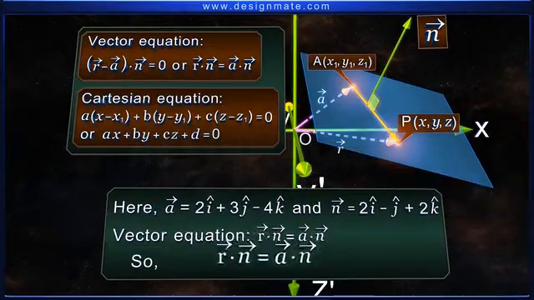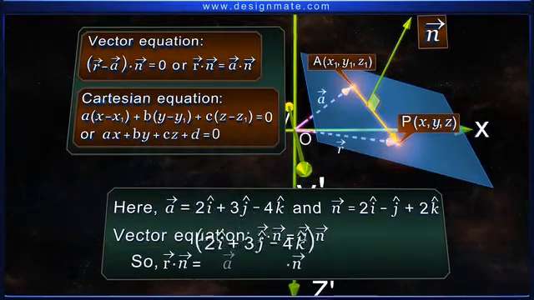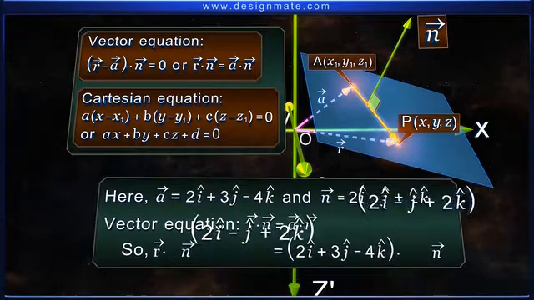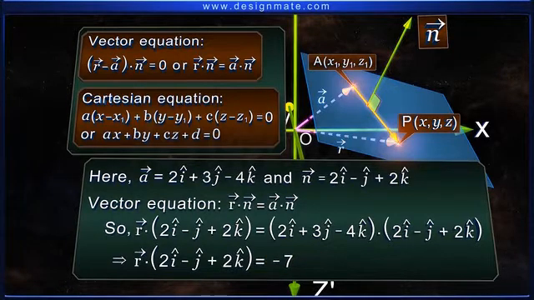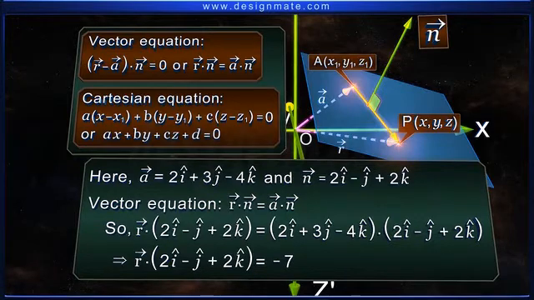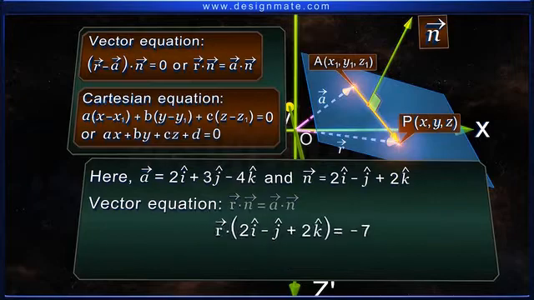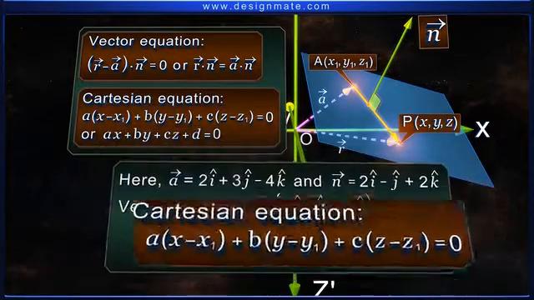So, substituting for vector A and vector n, we get vector r dot (2i cap minus j cap plus 2k cap) is equal to minus 7.